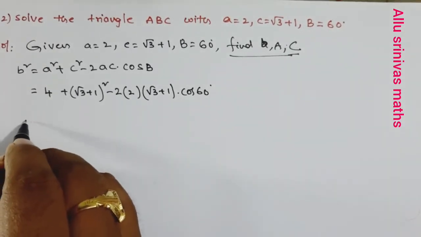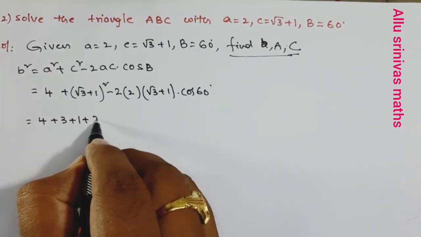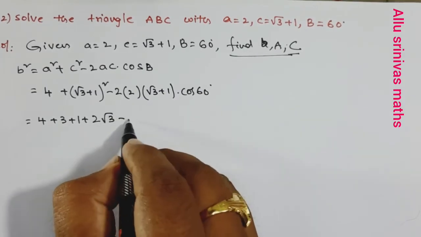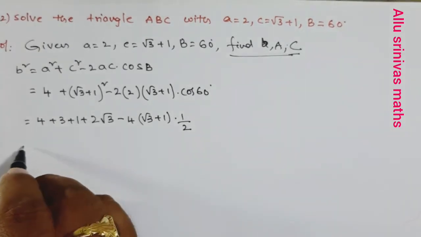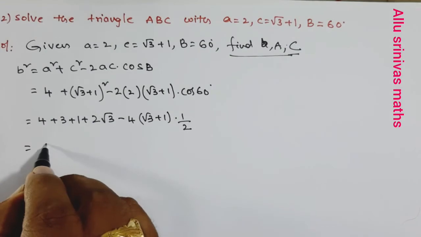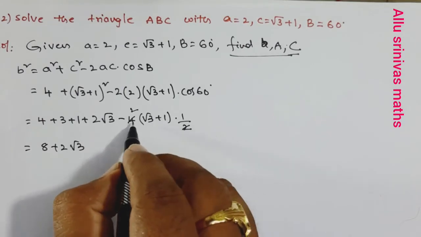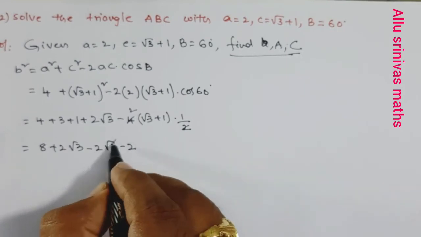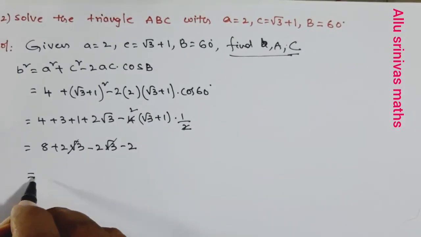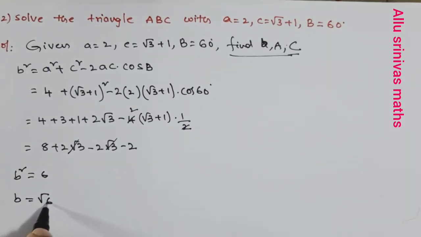And then simplify: 4 plus, use the a plus b whole square formula, 3 plus 1 plus 2ab, 2 root 3, minus 2 into 2 of root 3 plus 1, cos 60 degrees is 1 by 2. 4 plus 3 plus 1, 8, plus 2 root 3, minus 2 cancelled in 4 minus, multiply by 2, minus 2 root 3 minus 2, and then 2 root 3 cancel, 8 minus 2 is 6, b square equal to 6, and then finally b equal to root 6. This is the required side b.